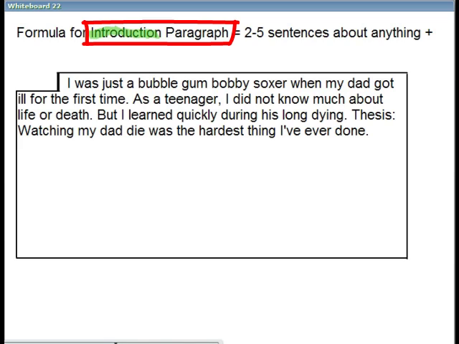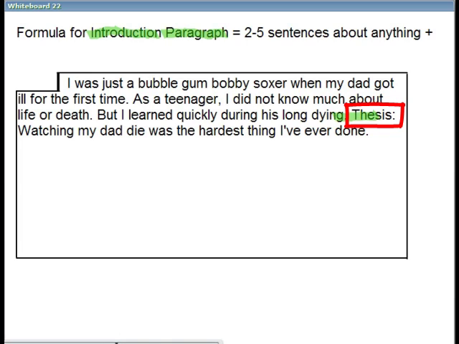An introduction paragraph. What does an introduction do? It introduces something. What are you introducing? You're introducing the thesis. So an introduction paragraph has one purpose and one purpose only: to introduce the thesis.